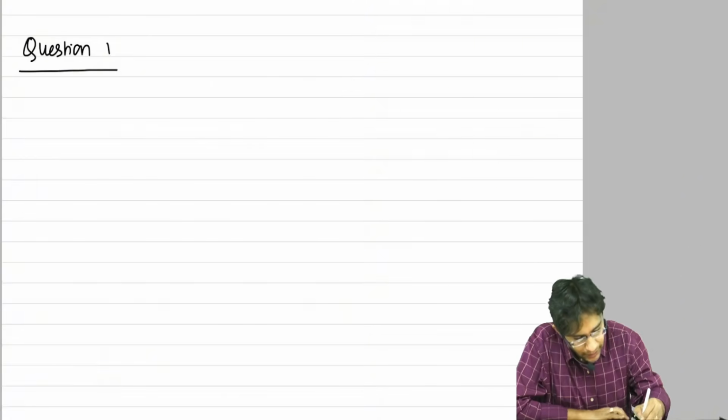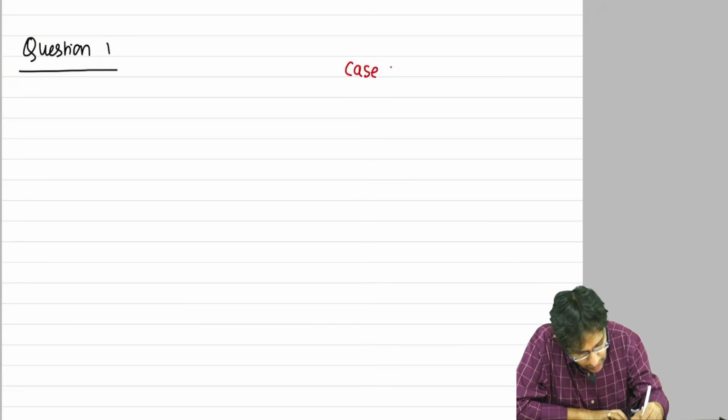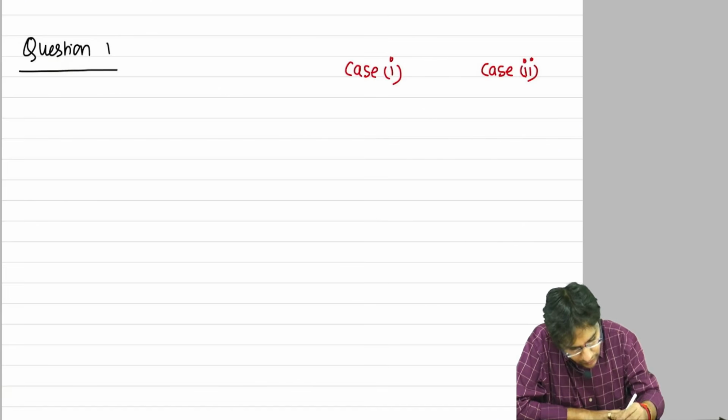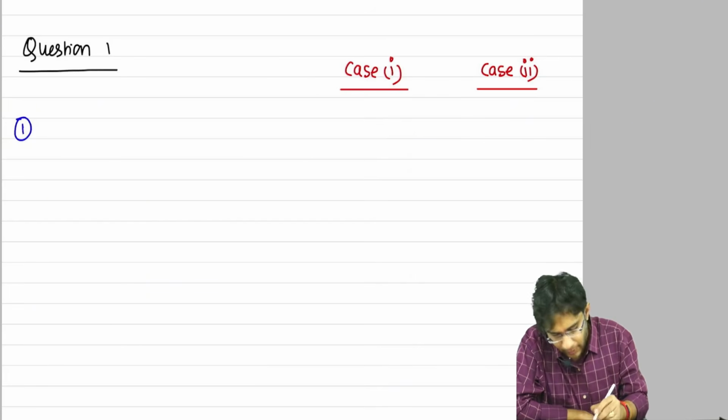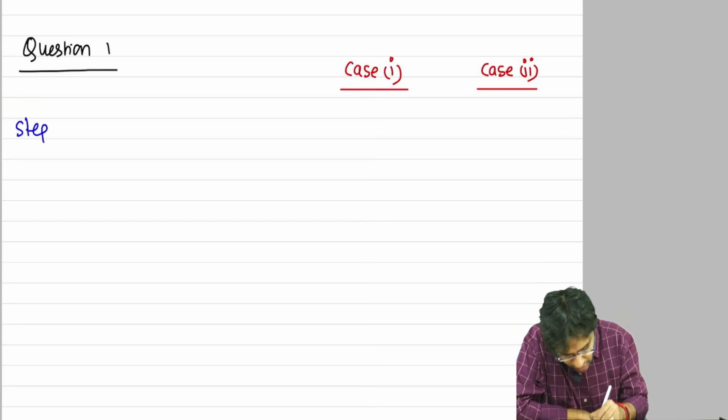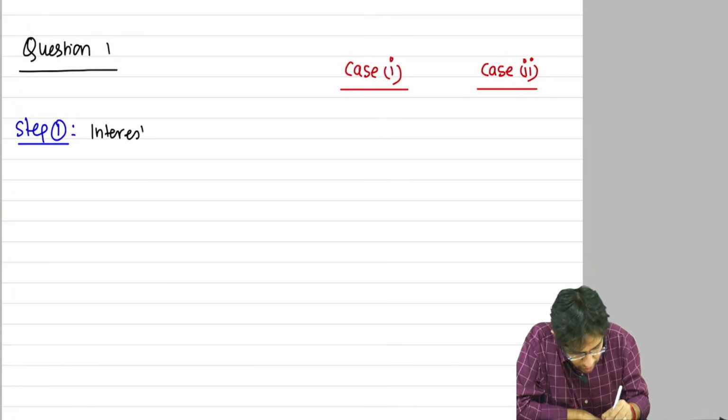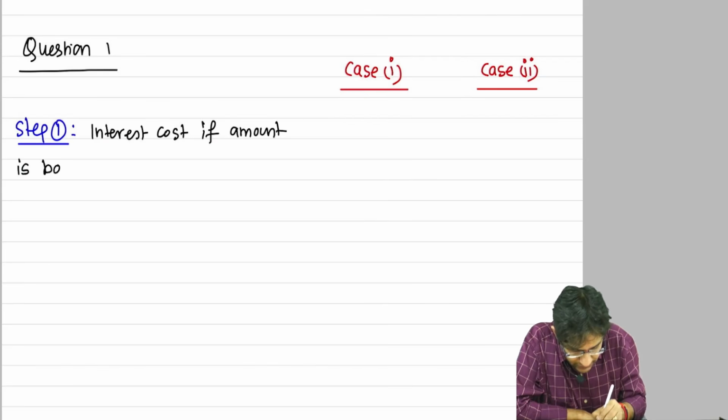So make 2 amount columns. Case 1, case 2. First one, step number 1: interest cost if amount is borrowed in India.